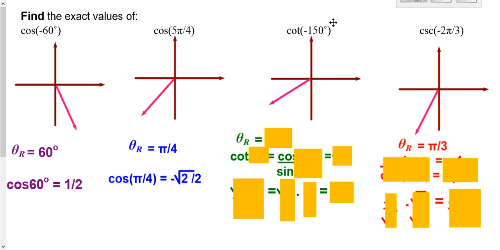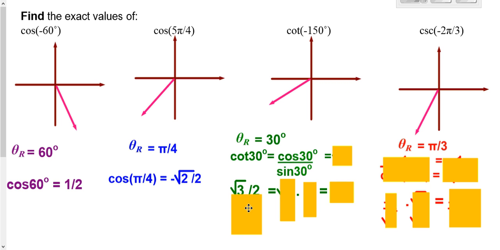Looking at this one here, there's a couple ways we could do it. If you have your tangents memorized, then it's real easy. If you don't have your tangents memorized, we can use cosine and sine. Our reference angle would be 30 degrees because you're 30 degrees below your x-axis. So then we're looking at the cotangent of 30. If you wanted, you could look at that as cosine of 30 over the sine of 30.